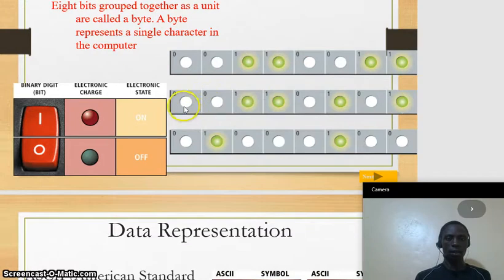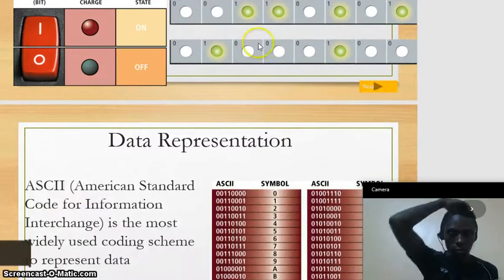It can be 0 0 1 0 1 0 1 0 1, or it can be 0 1 0 0 0 1 0 0. Off, on, off, off, off, on, off, off. That is a state of data representation.